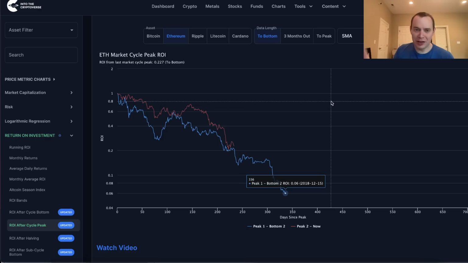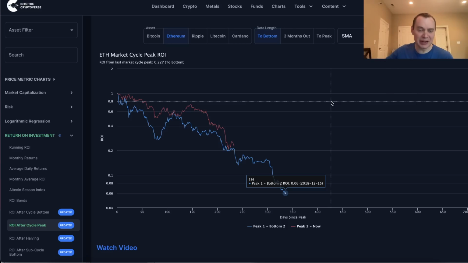So with all that in mind, one of the things we do know from a macro perspective, at least things that we can point to in the past, is that the S&P doesn't typically bottom until inflation peaks. And since Bitcoin is more or less a riskier asset than equities at this point, and it is more volatile in both directions, to the upside and the downside, then it would suggest that Ethereum is likely going to be an even more volatile version of Bitcoin, right?